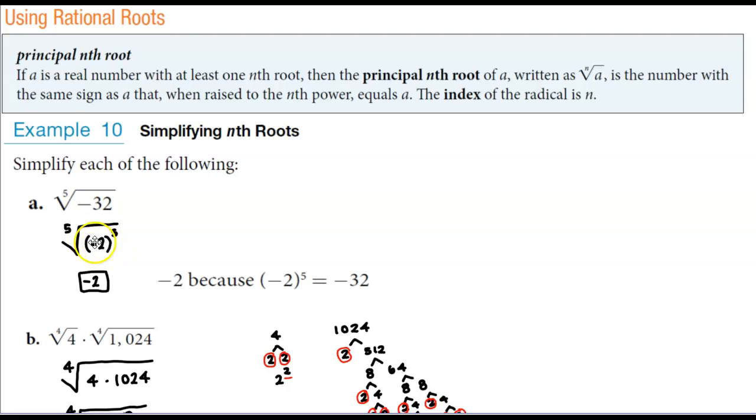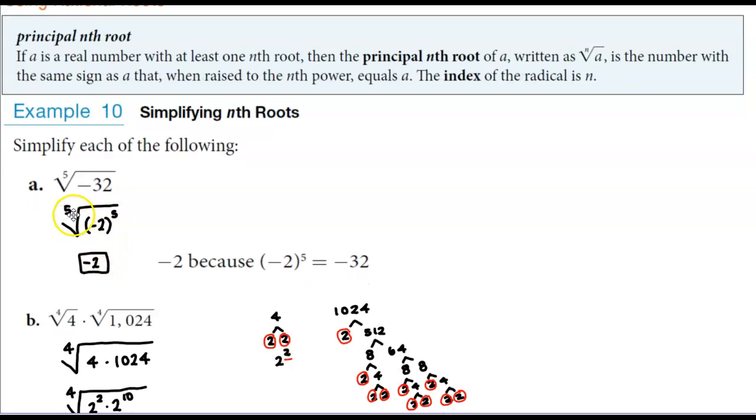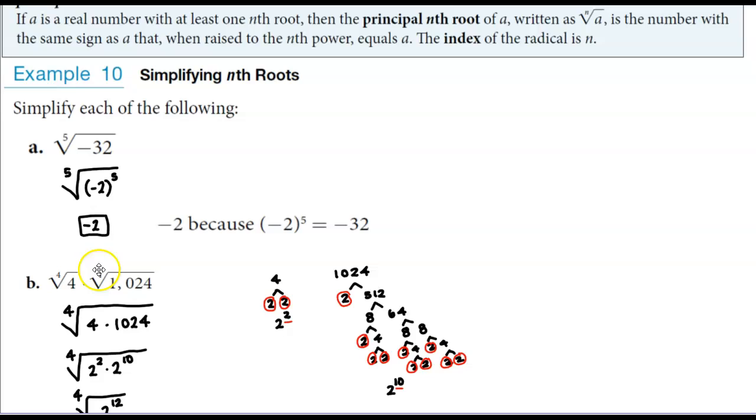Well, we do, because negative 2 in parentheses raised to the fifth power gives us negative 32. So the fifth root of negative 32 is negative 2.